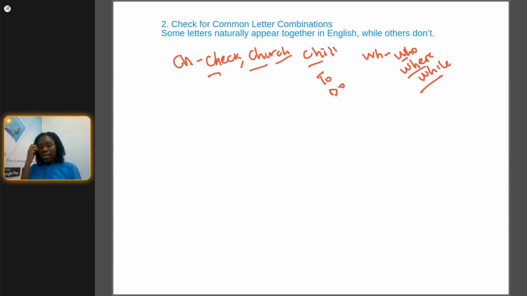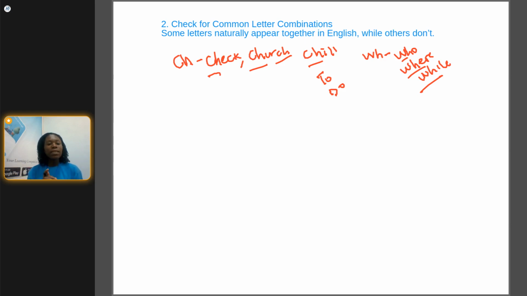There are some words where the letters they pair with naturally go with them. So you have to check for common letter combinations. When you find an option among the options you are given and you see that these letters do not naturally go with each other, then you know there's something wrong with that spelling.